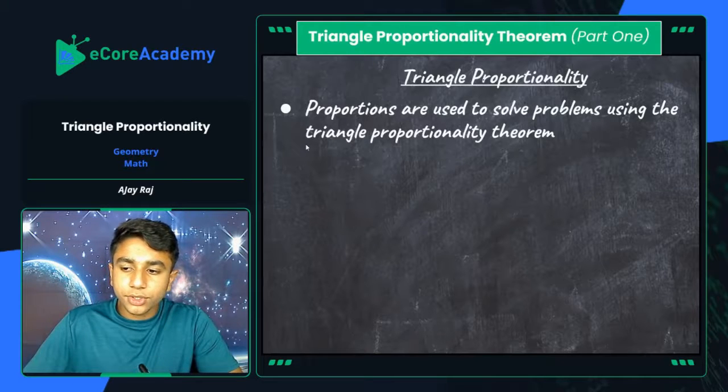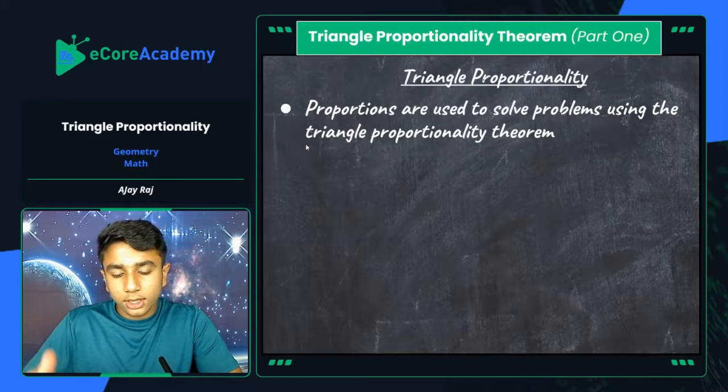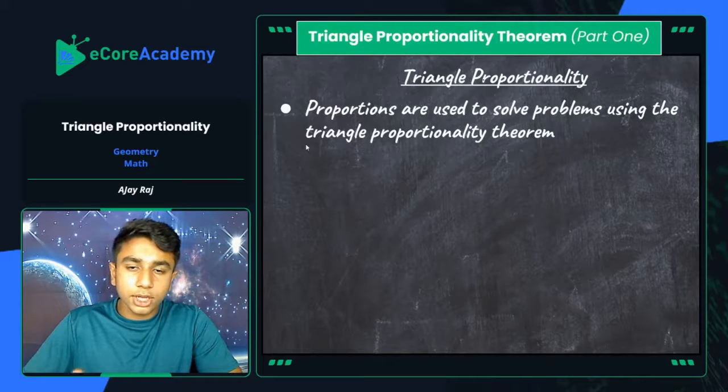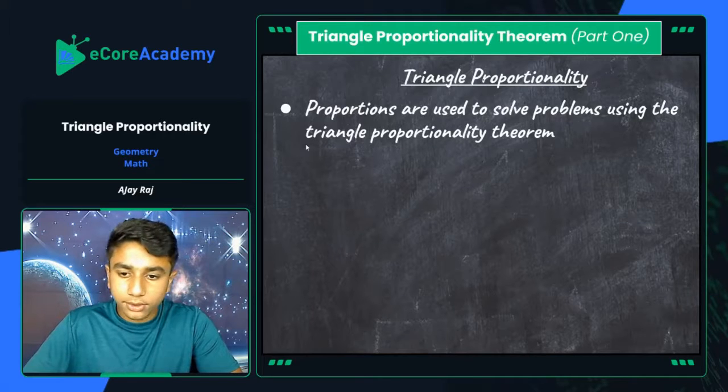Proportions are used to solve problems using the triangle proportionality theorem. Like I said before in my previous video about the triangle midsegment theorem, proportions are used in order to develop ratios, which show relative equivalence between two values. It doesn't mean they are necessarily equivalent, but it shows the level of equivalency that they need.